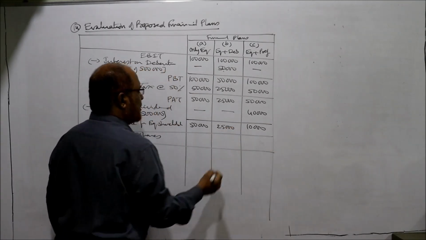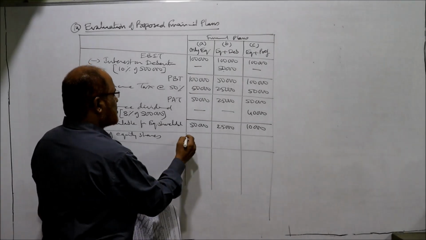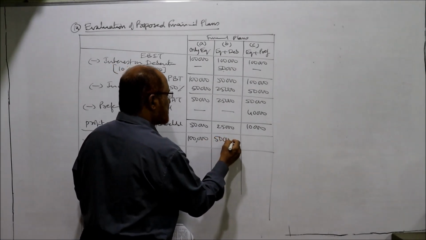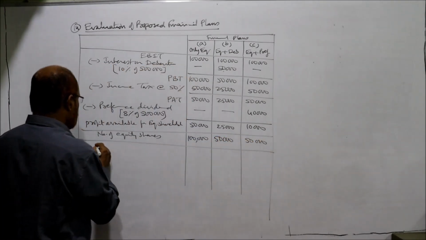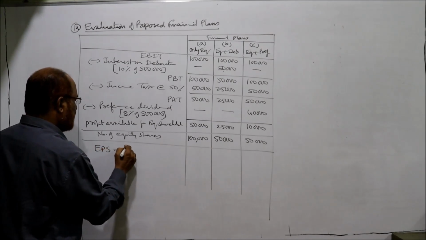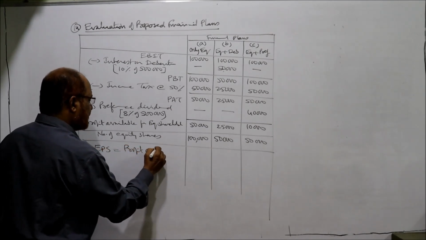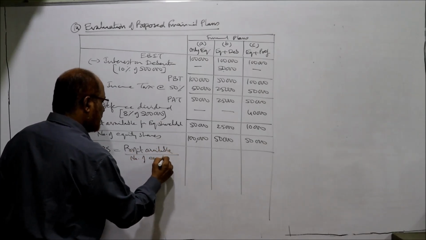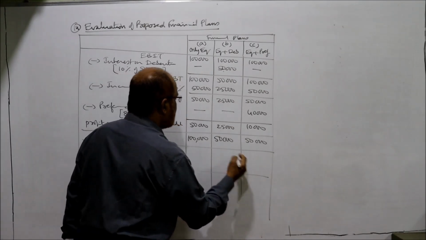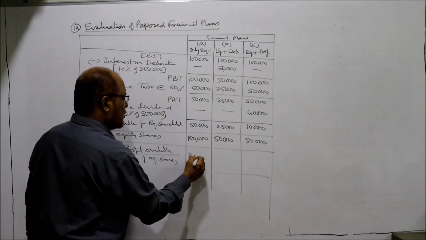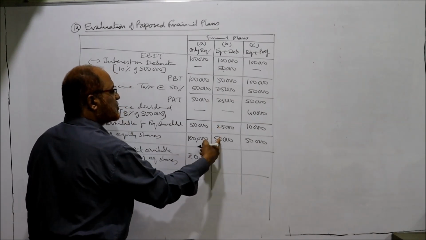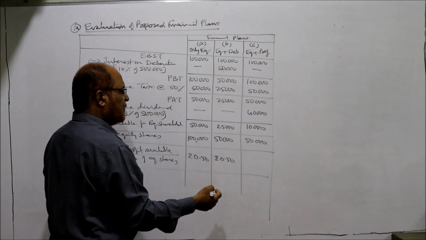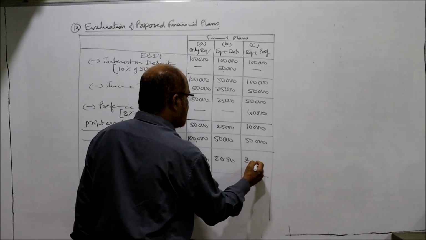Number of equity shares. The first plan, 1 lakh equity shares are issued. Second plan, 50,000 equity shares. Third plan, 50,000 equity shares. So EPS is equal to profit available divided by number of equity shares. Now we divide: 50,000 divided by 1 lakh is 0.50. 25,000 divided by 50,000 is rupees 0.50. 10,000 divided by 50,000 is 0.20.